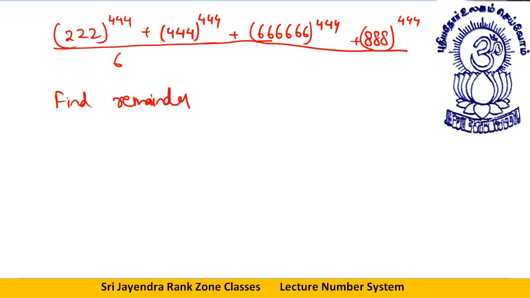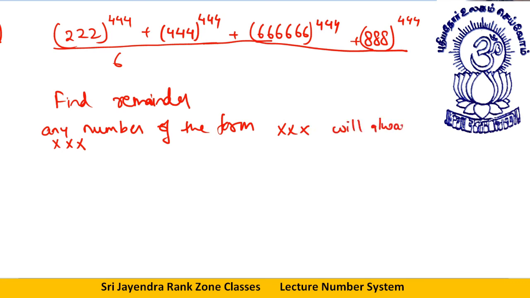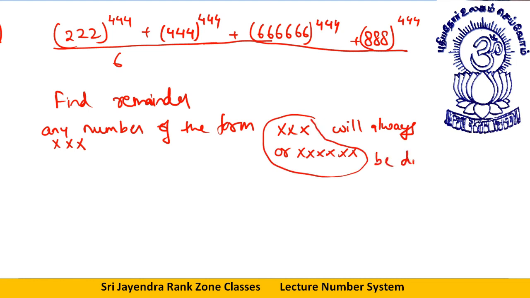Okay, how will I do this? Any number of the form xxx or double x double x double x will always be divisible by 6 if x is even.